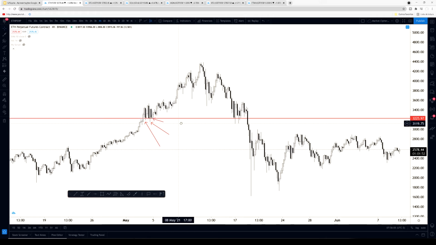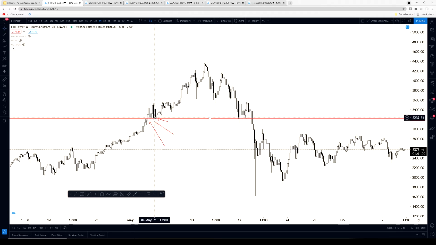The buyers kept the price up, and the sellers were not able to push the price down from this area. You see that we have a bunch of wicks in this general area right here. But as the buying pressure was too much, the price eventually just continued up from here.